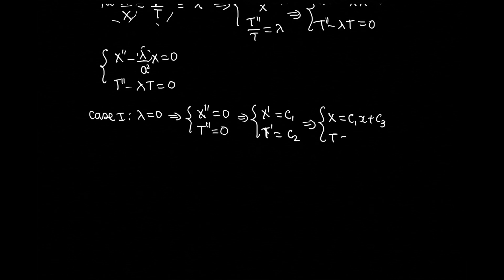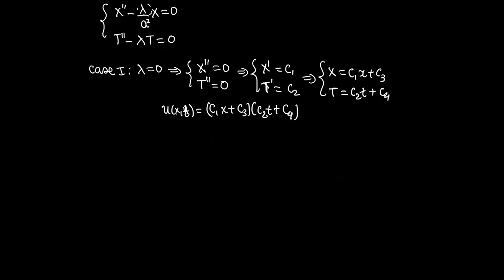And then t, you get C2 t plus C4. That means your solution, u in this case, is C1 x plus C3 times C2 t plus C4. But this solution is just for when lambda equal to 0.